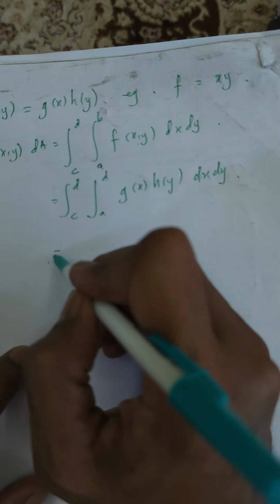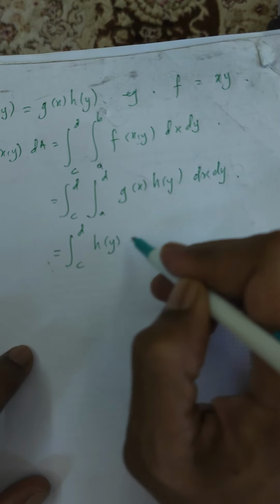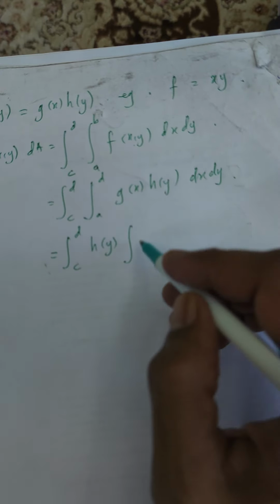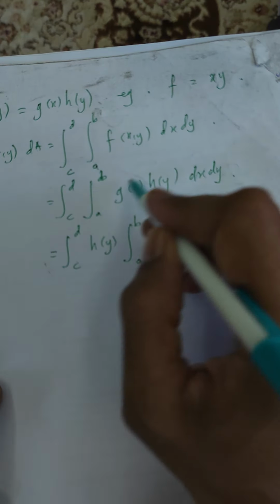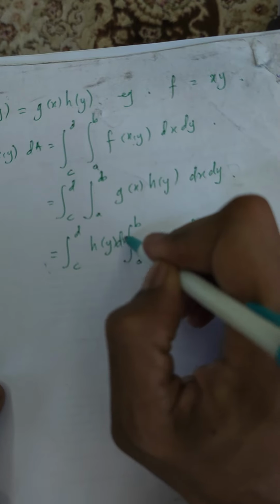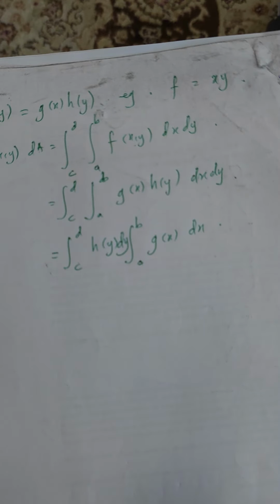Then you can split those functions: the integral from c to d of a function of y dy times the integral from a to b of a function of x dx. You can do this if the region R is a rectangular region. And the same thing if you interchange the order of integration.